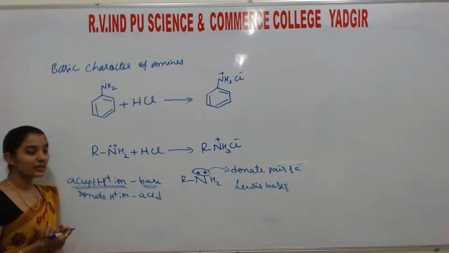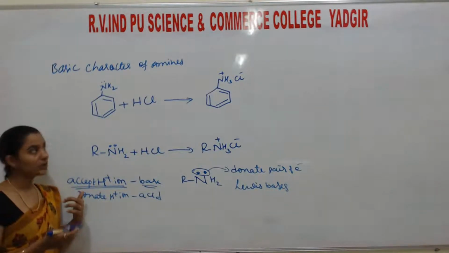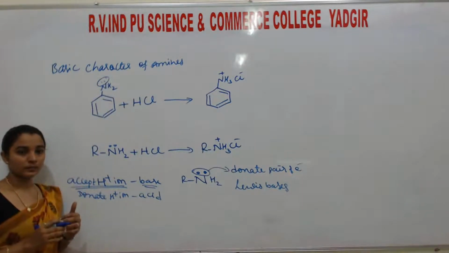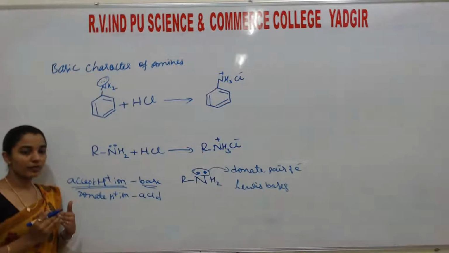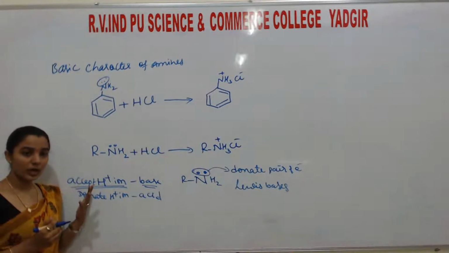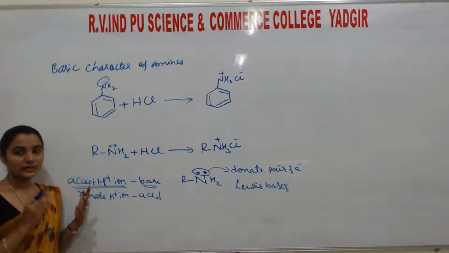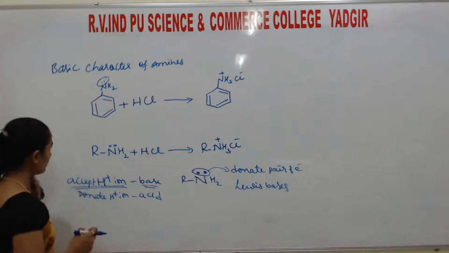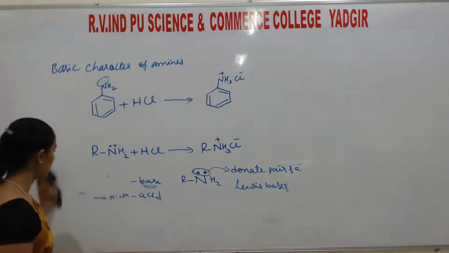So in both cases, these amines are bases. What is the main reason for this basic character? The presence of a lone pair of electrons made these amines, ammonia and ammonia derivatives Lewis bases. Okay, so in this, I'll take three examples.